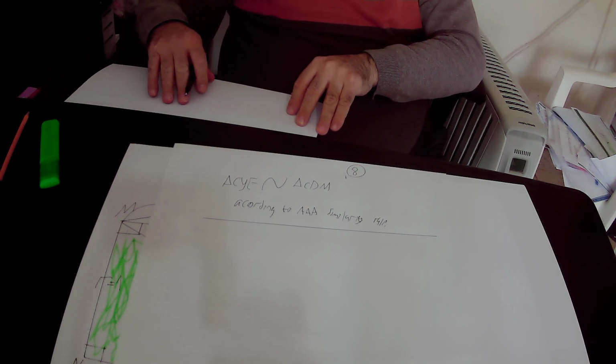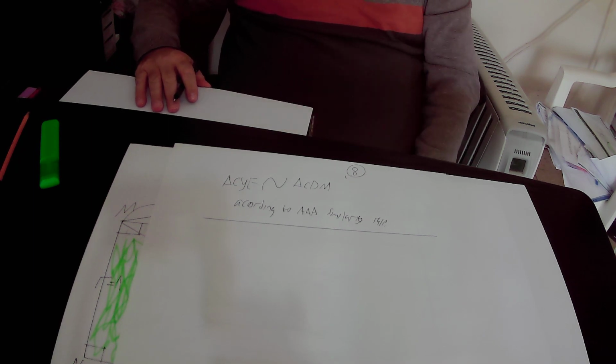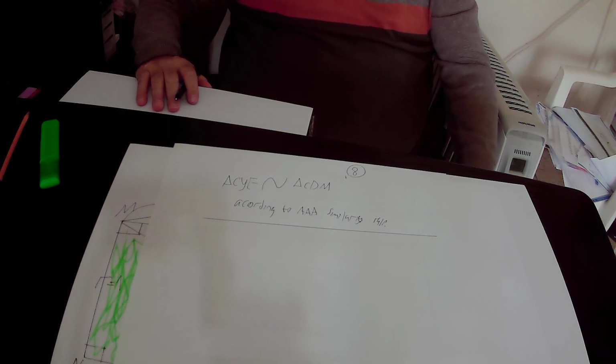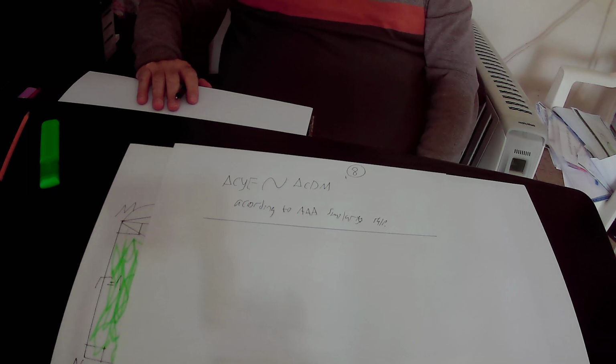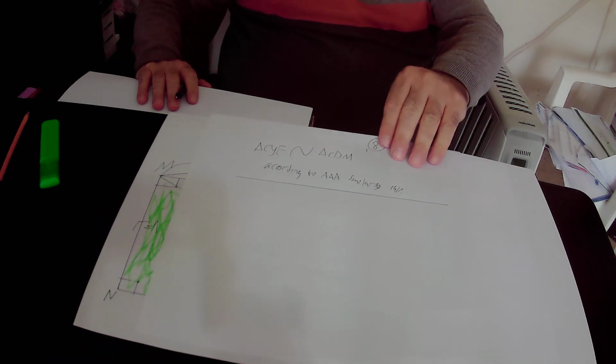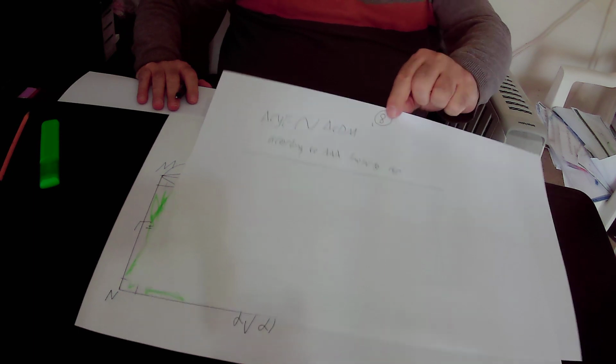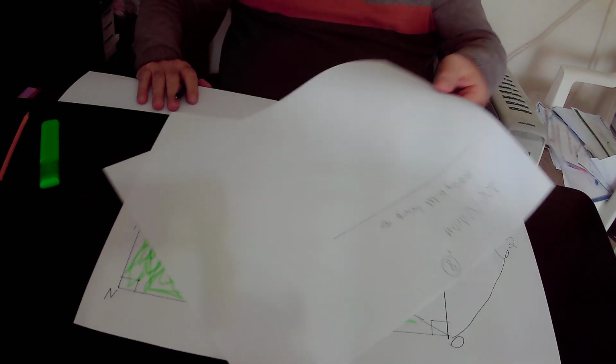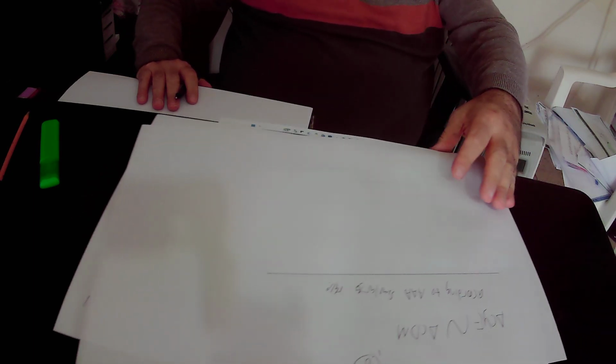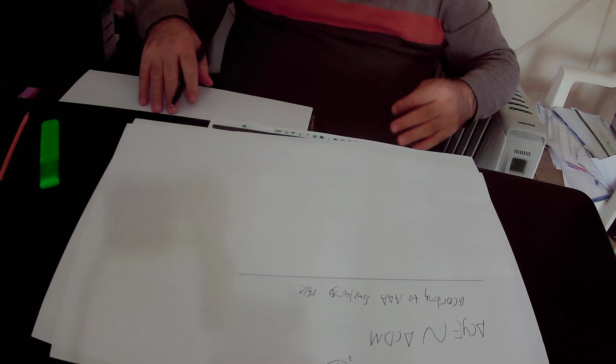So what is the angle similarity rule? The angle similarity rule is that if you prove that all three angles in one triangle are congruent to all three angles in another triangle, then you proved that those two triangles are similar to each other. And from the fact that triangle CYE is similar to triangle CDM, we will conclude that the following equality is true.